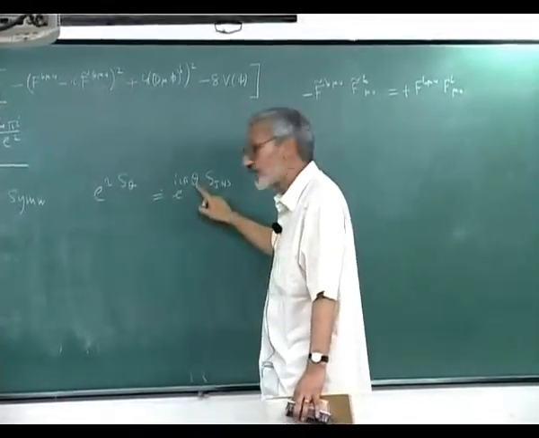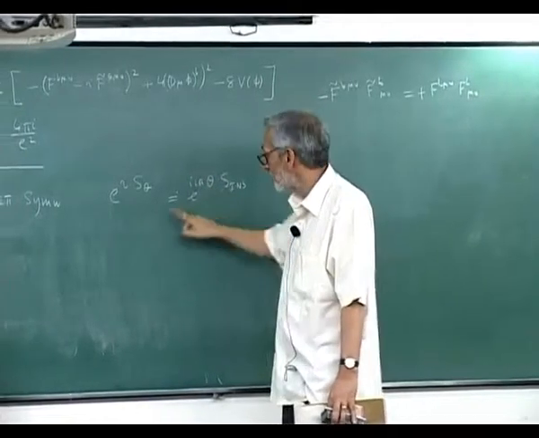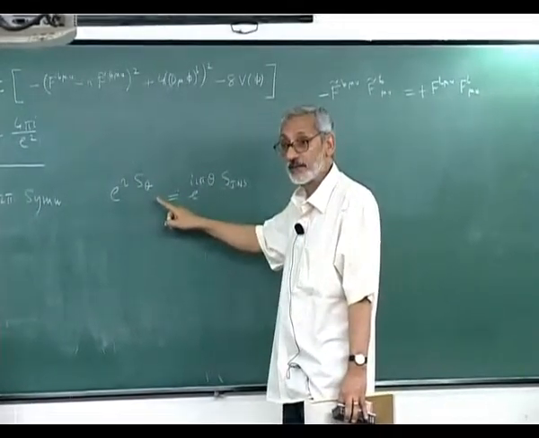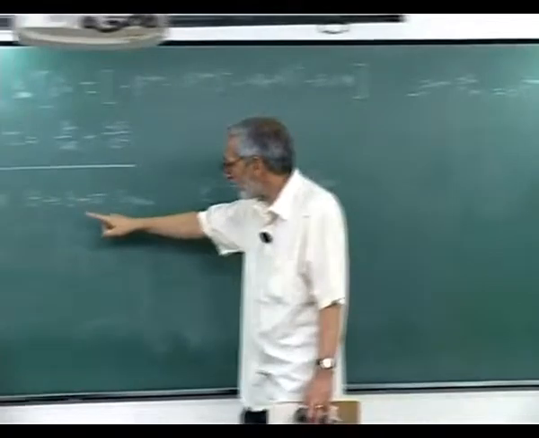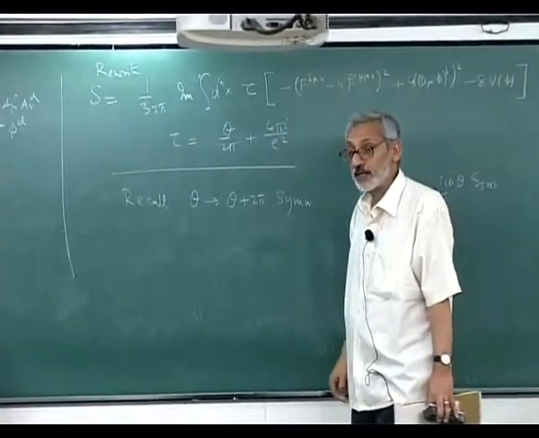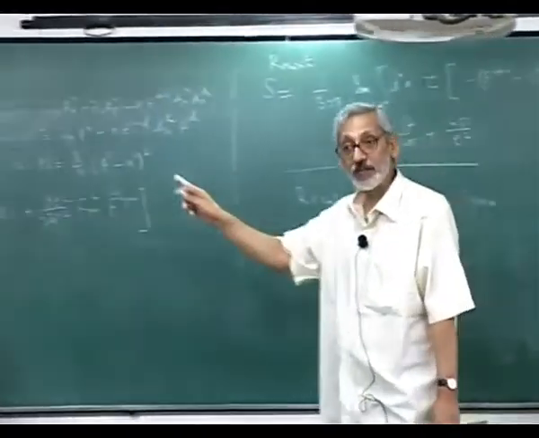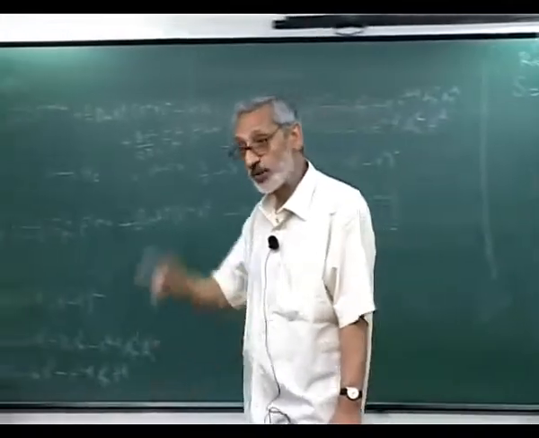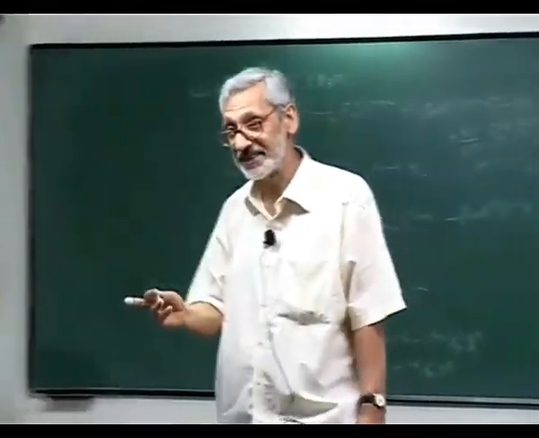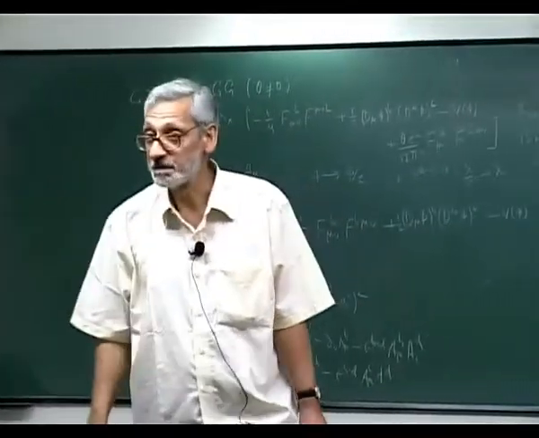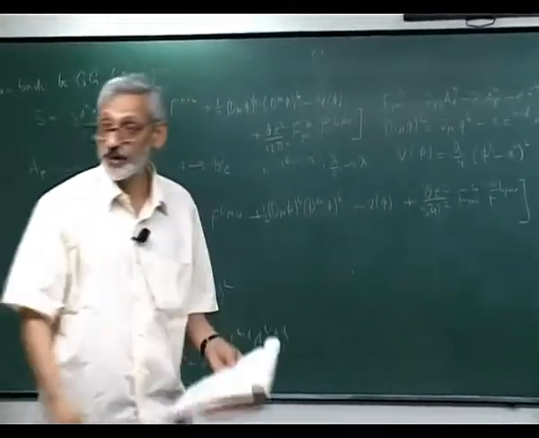So if I shift theta by 2 pi, this object doesn't change. So theta shifting by 2 pi is a symmetry of my theory. That's how we also argue that theta is an angle, with period 2 pi.